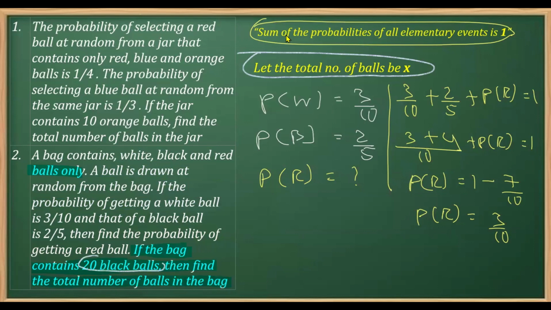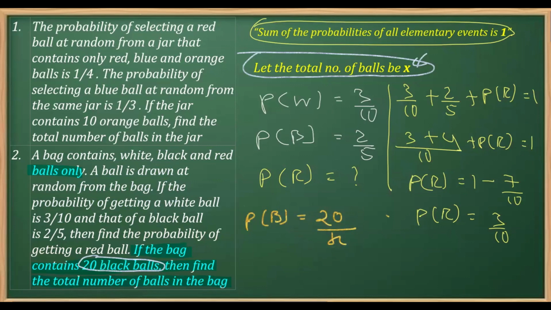If there are 20 black balls and the total is x, what is the probability of getting a black ball? Using the variables, there are 20 black balls and the total number of balls is x, so it should come as 20 over x.